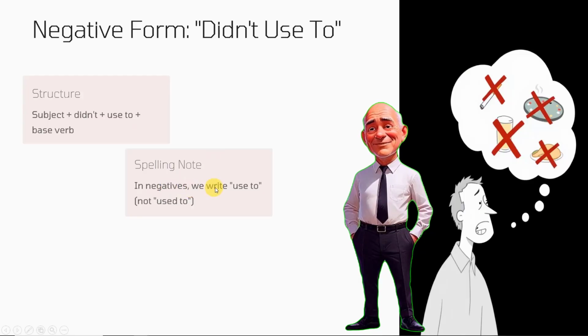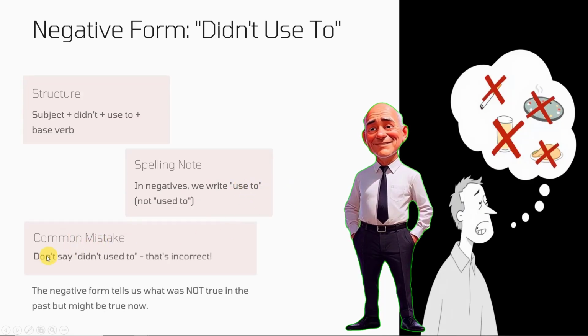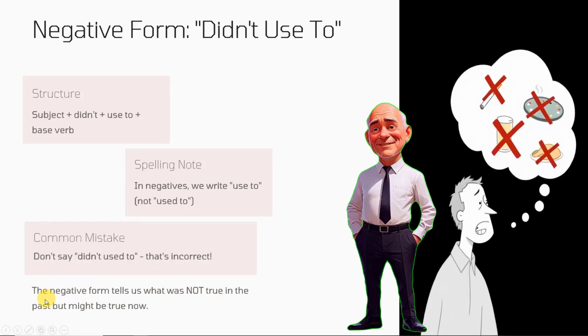In negatives we write use, not used to, right? So we say use to. Common mistakes, don't say didn't used to. That's incorrect, right? The negative form tells us what was not true in the past, but might be true now.